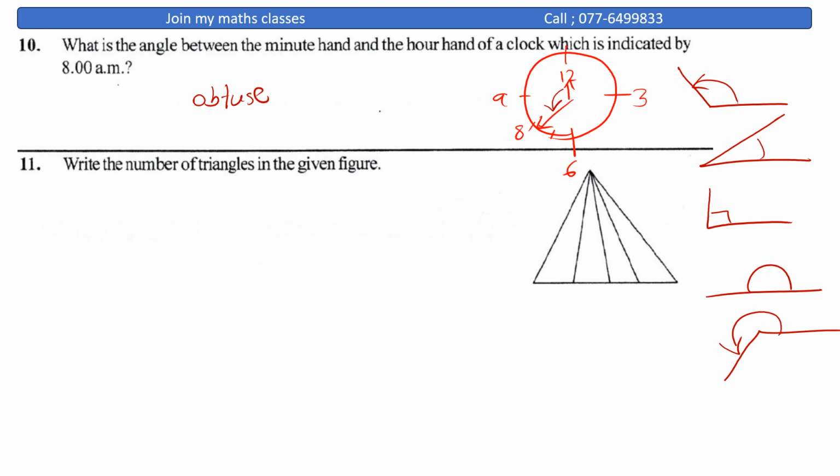Write the number of triangles in the given figure. In this one you have to count something like this. This is 1 and 2 and 3 and 4, and then again you have to count 1 2 and 3, and again 1 2 and again 1.